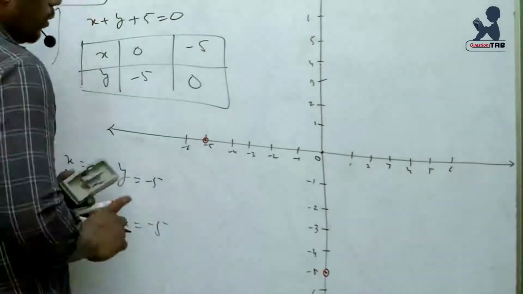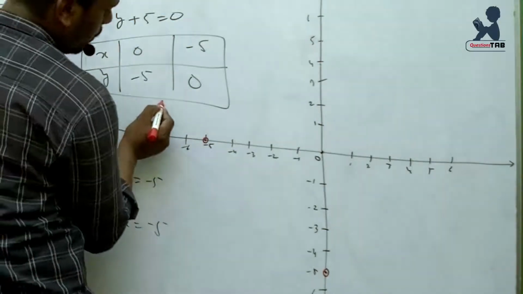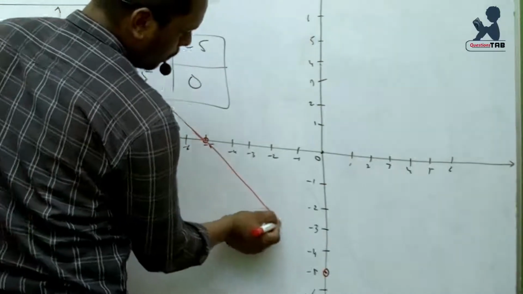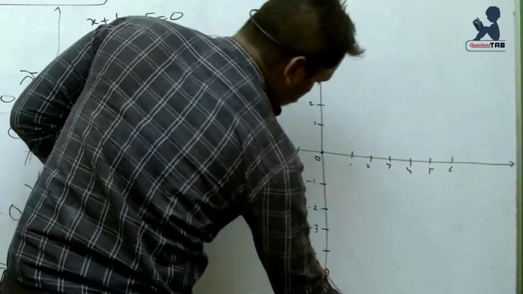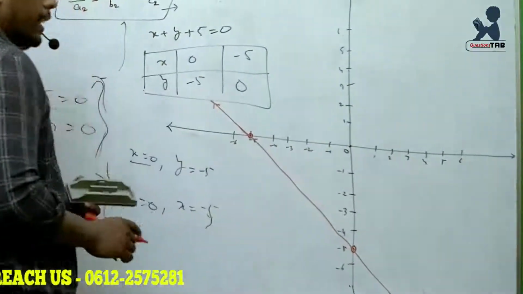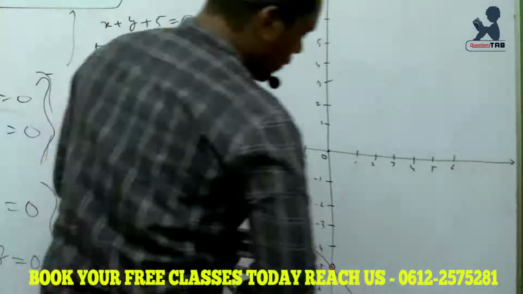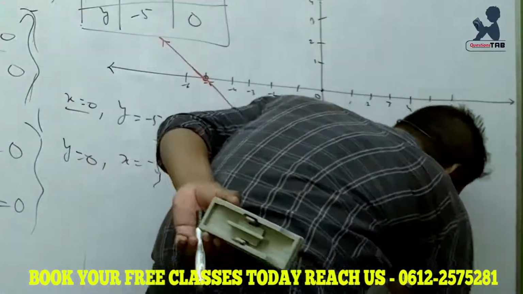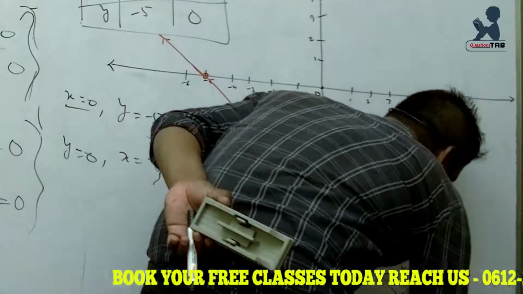Okay, so first we got this line. This is x plus y plus 5 equals 0.